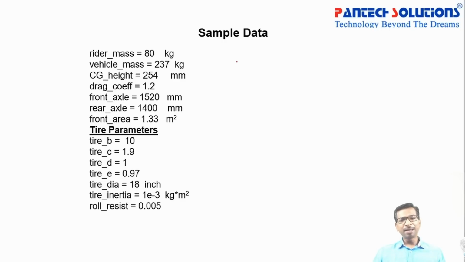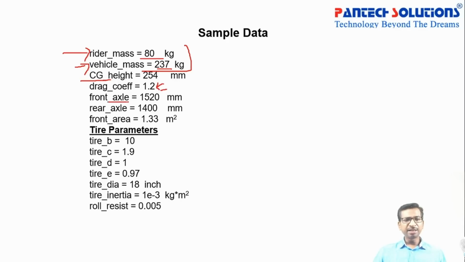And let us take sample data. This is two-wheeler vehicle data: rider mass and vehicle mass, that is 237 kg and 80 kg. So the total weight of the vehicle is 237 plus 80. The CG is the height of the vehicle, and the drag coefficient is 1.2, you can choose whatever you want.